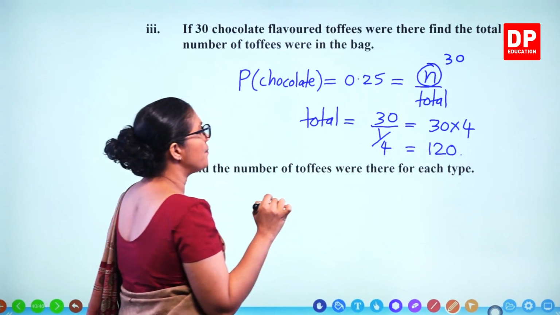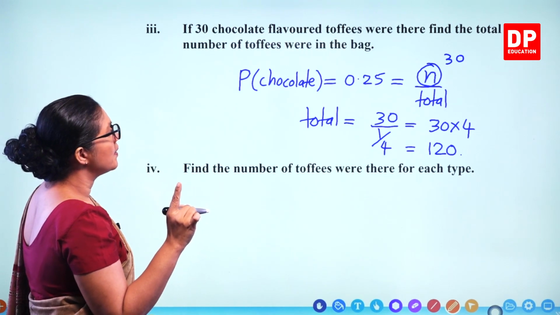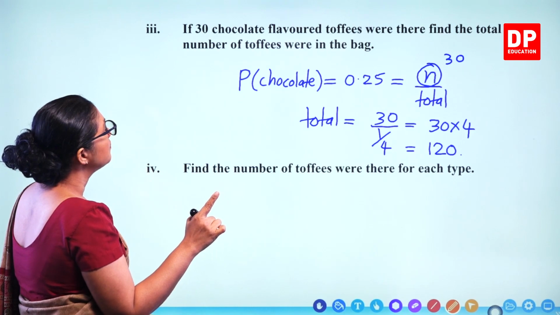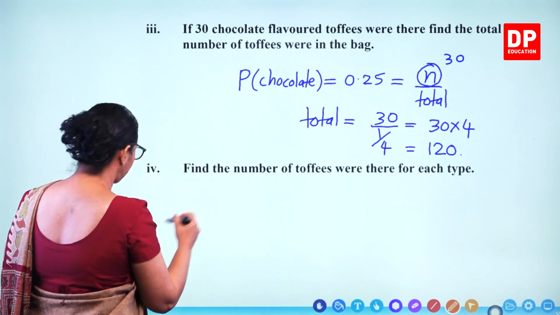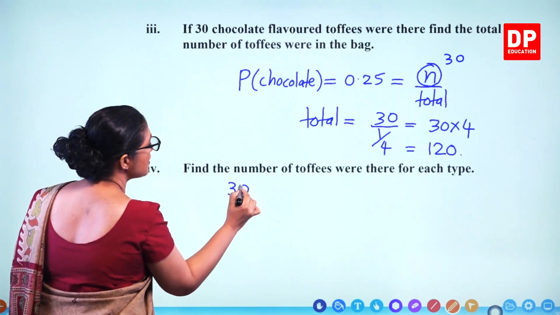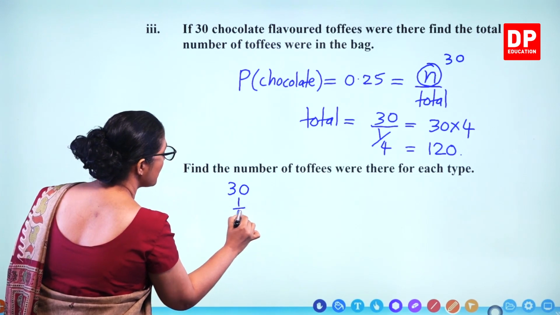120 toffees were there. Find the number of toffees for each type. So 120. You can find out 30. That's chocolate flavored ones. And that's probability is 1/4.